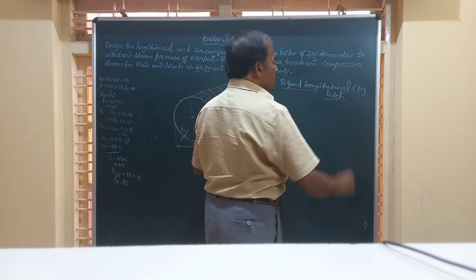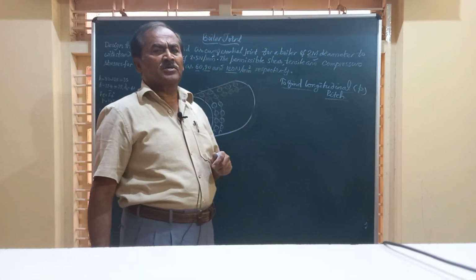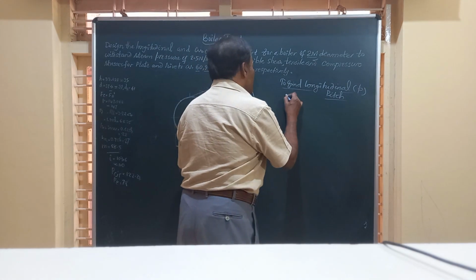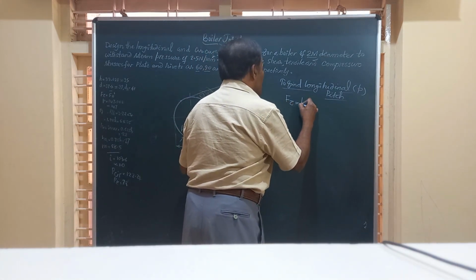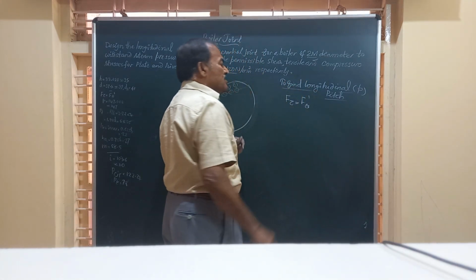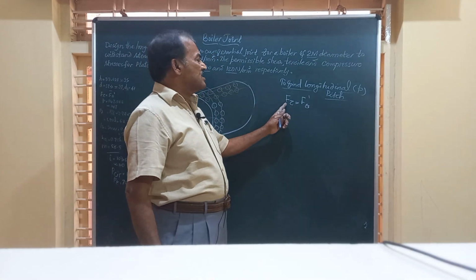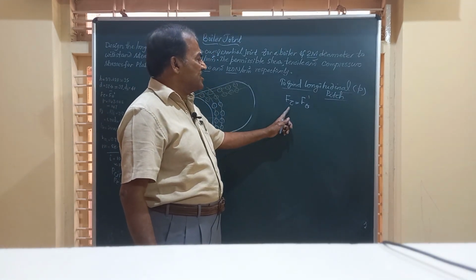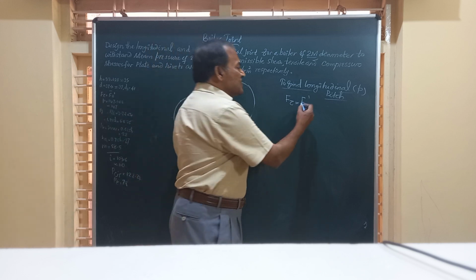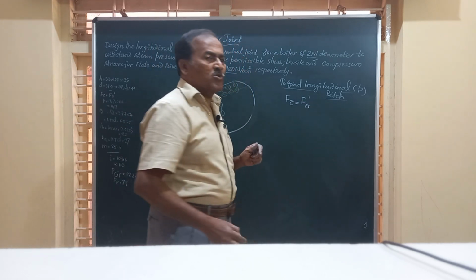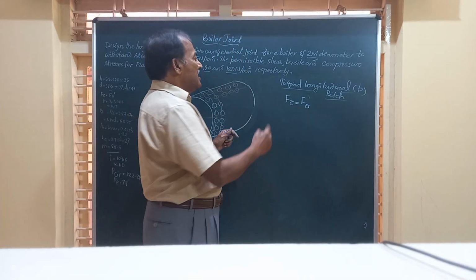To find this longitudinal pitch, we equate F tau to F theta dash. F tau is the strength of the joint in shear, and F theta dash is the strength of the plate with holes, that is the perforated plate.